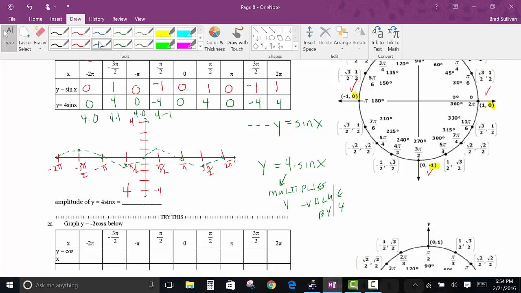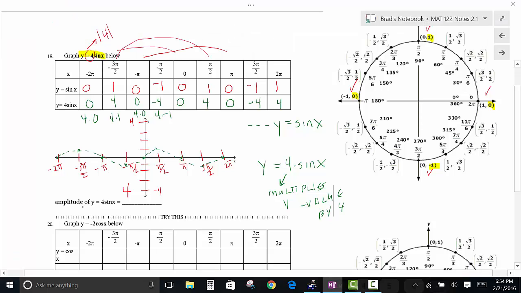Okay. Now let's draw the final graph. I'll draw this in blue, I guess. So I'm going to plot my points. So we have a point -2 pi, 0. We have a point -3 pi over 2, 4. Pi, 0, -pi over 2, -4, and so forth like that.